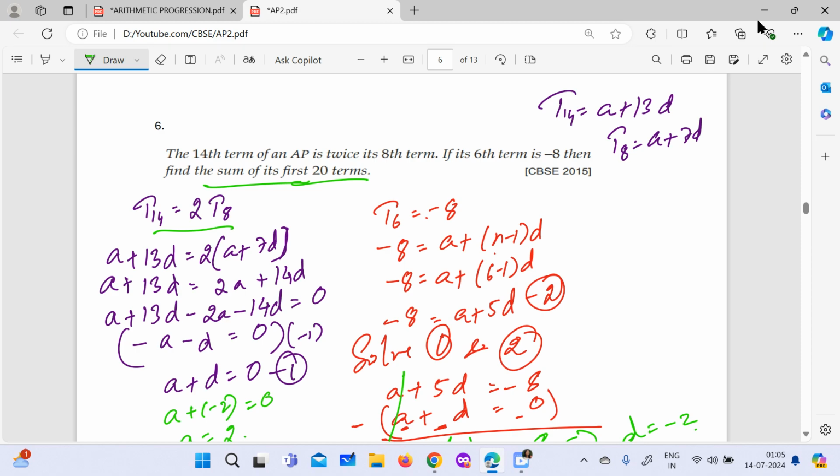The 6th term is minus 8, so the 6th term is already given to us. Then find the sum of first 20 terms. So your question is to find the sum of its first 20 terms. To find that, we need this formula A plus (n minus 1) into D.